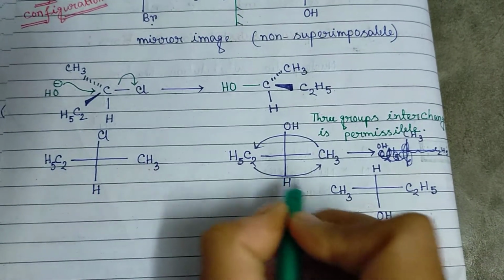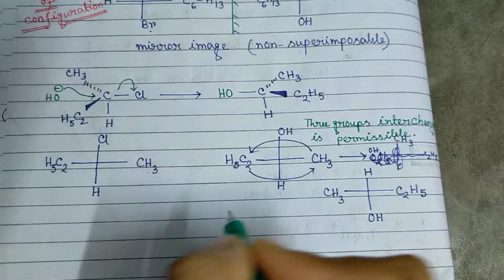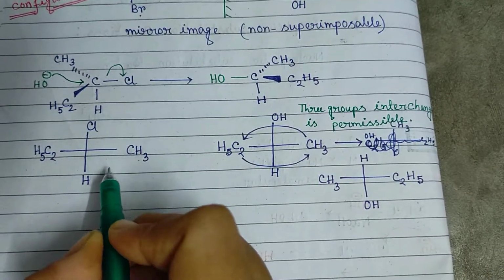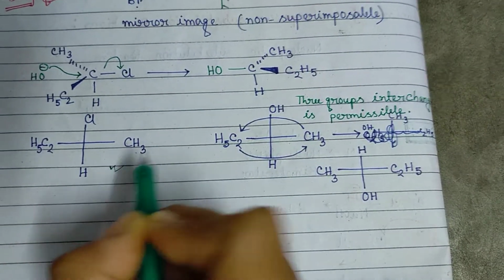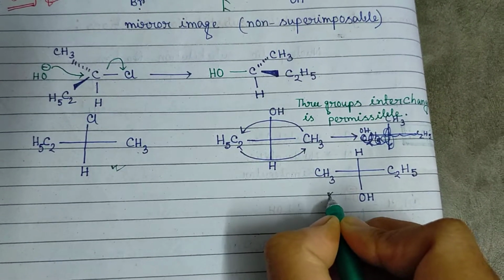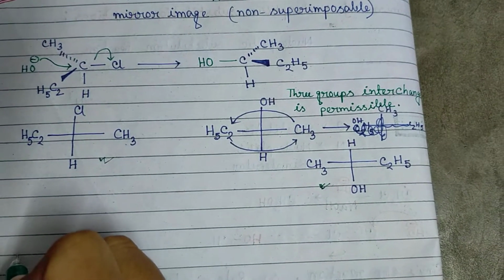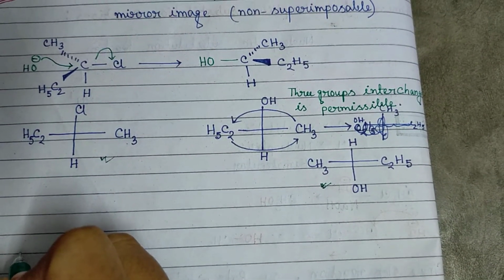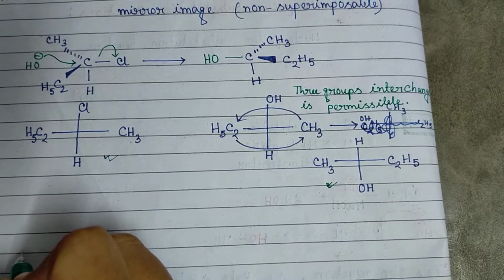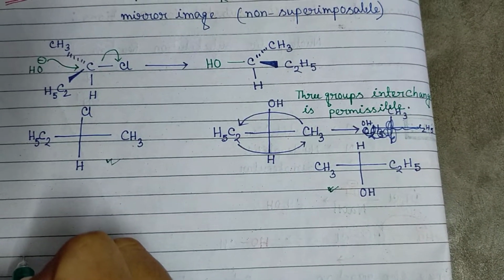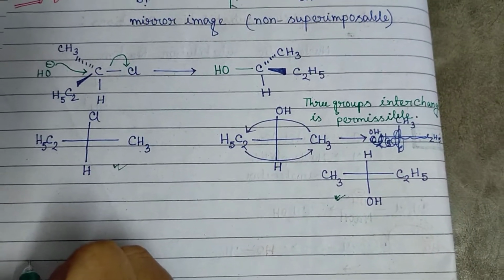I have written the 2 molecules in the Fischer projection, and we can see that this molecule and this molecule are not the same molecule. So we have seen that the configuration is different and the spatial arrangement of the groups is different also.